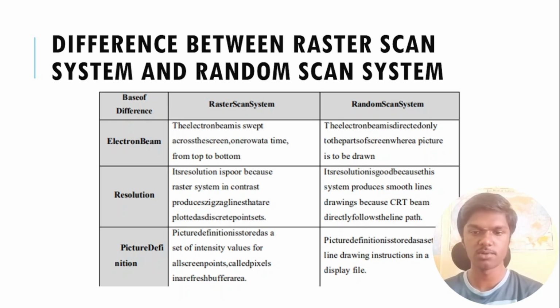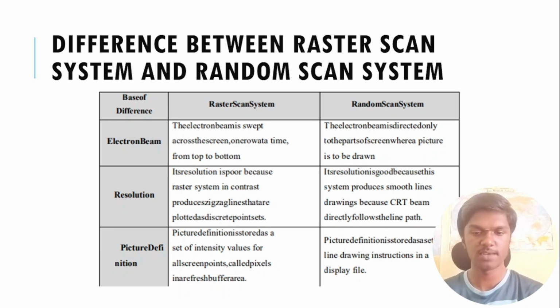In terms of resolution, the raster scan system's resolution is poor because it produces zigzag lines that are plotted as discrete point sets, whereas in the random scan system, the resolution is good because this system produces smooth line drawings, because the CRT beam directly follows the line path.